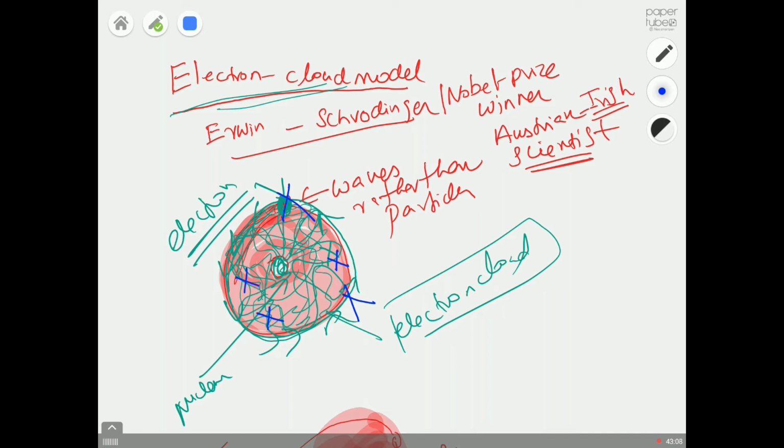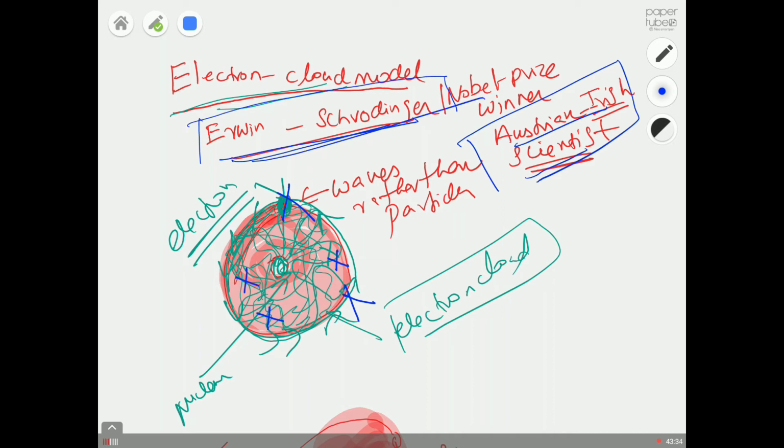This model was proposed by a Nobel Prize winning physicist, Erwin Schrödinger. I don't have to talk about this in this lecture, but I mention it because he's an Austrian-Irish scientist, and you might have known him.